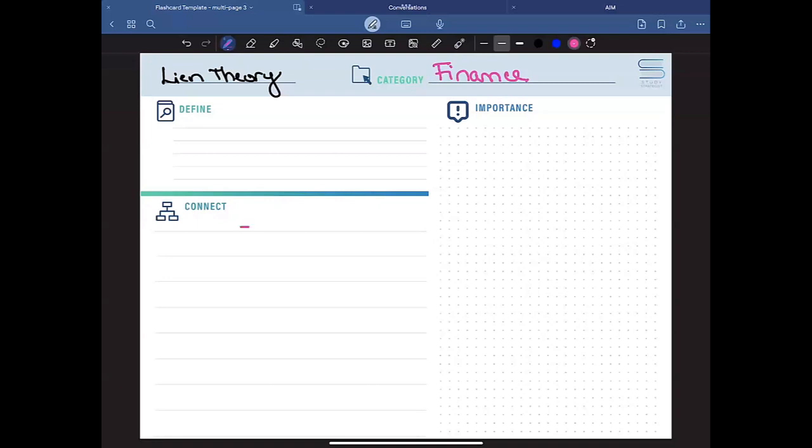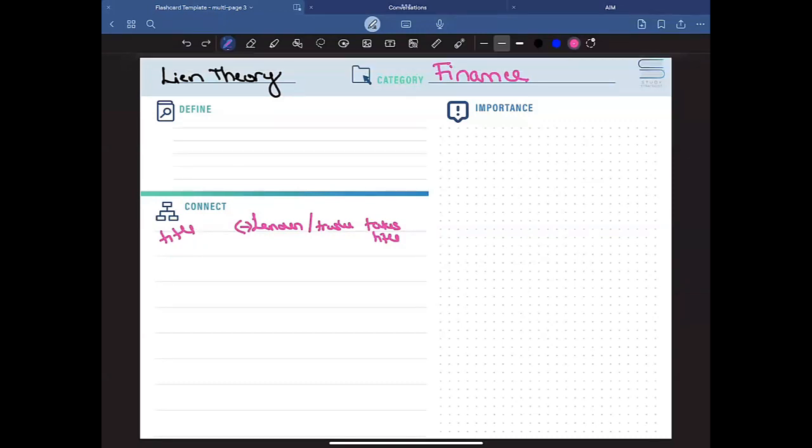There is one where the lender or the trustee takes title, but that is title theory. What is lien theory? What's the opposite of that?